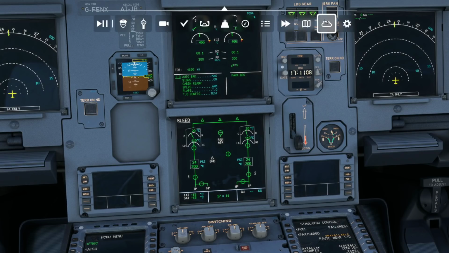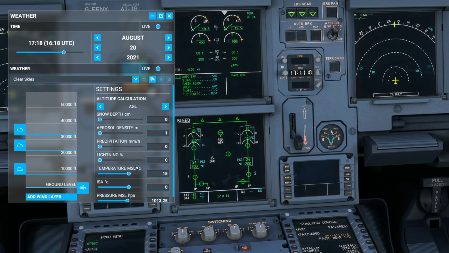Now, if we go to the weather menu, this is a pretty well-known fact about A320s: if I bring this temperature down quite a lot, the pre-cooler is not going to be able to maintain 200 degrees Celsius because the outside air is simply too cold.